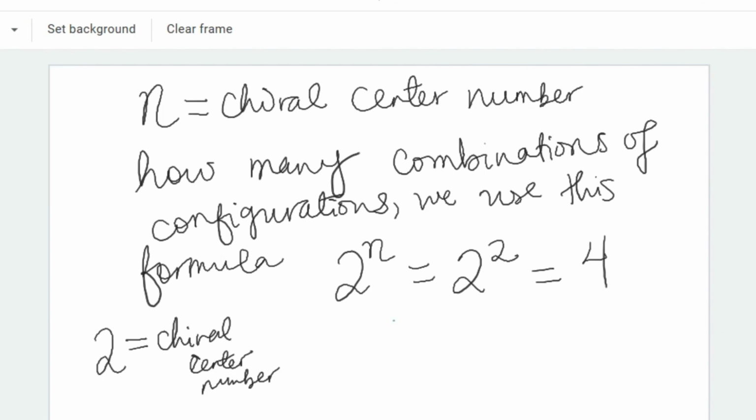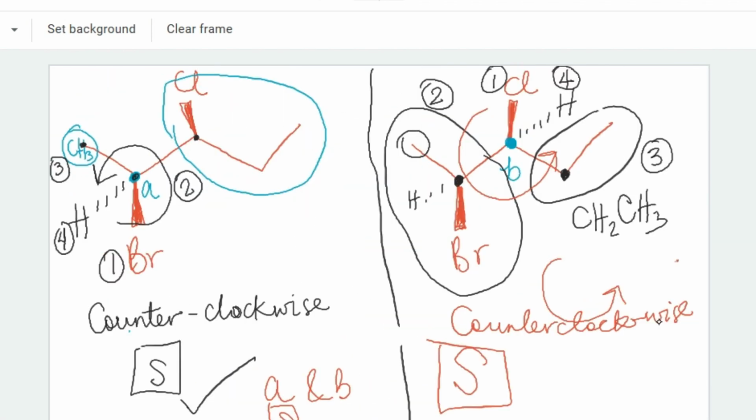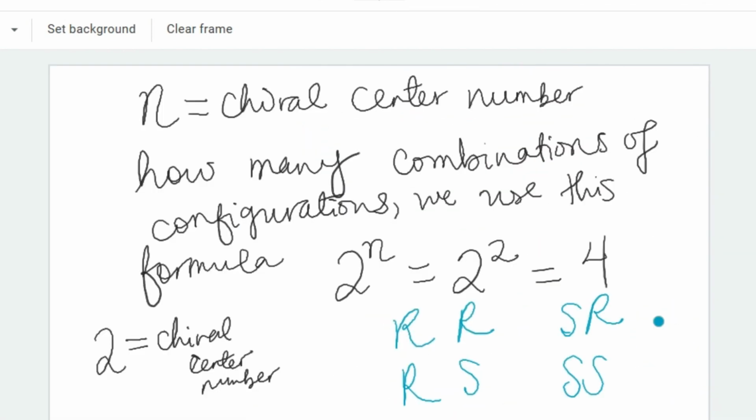You see that you can either have RR, RS, SR, or SS. And of course, we got SS for both of the chiral centers. It could have been RR, it could have been RS. RR and SS are opposite, and then RS and SR are also opposite.